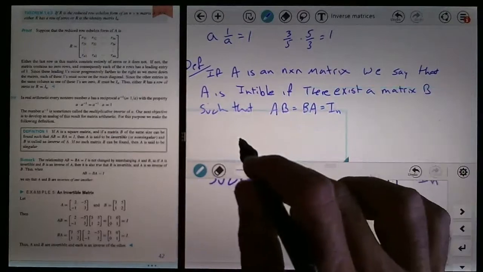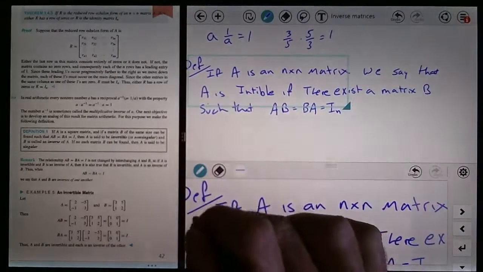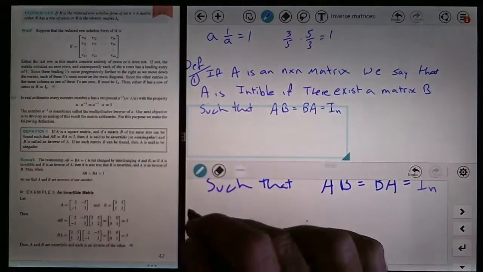In the event that it happens, so this was my first definition here, I've got another definition.